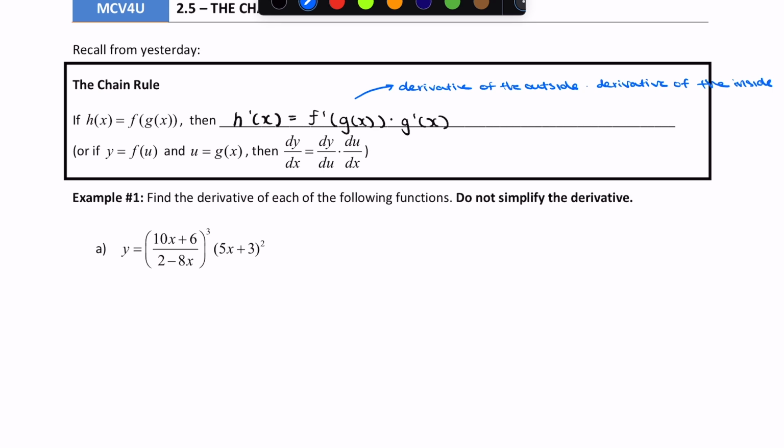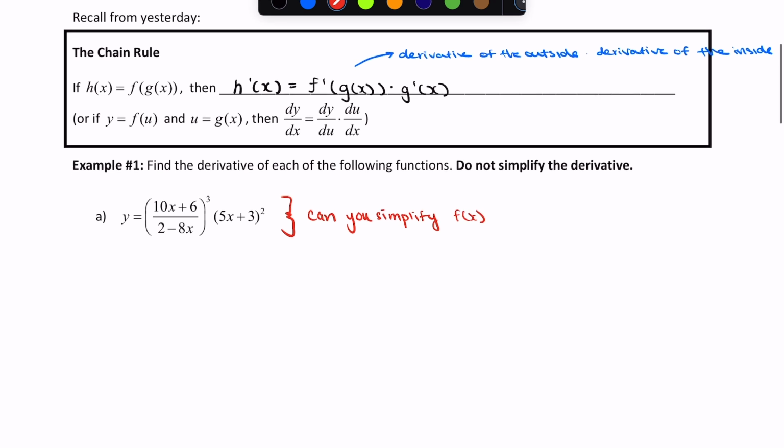The first thing you want to look at is if you're able to simplify f of x. And here we can see that we can take out a few common factors.